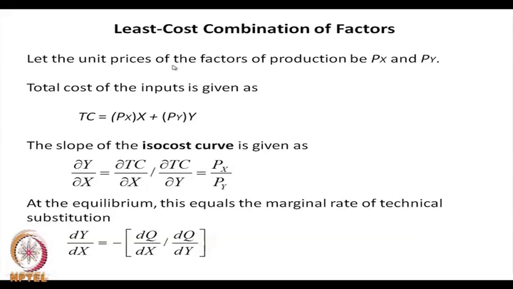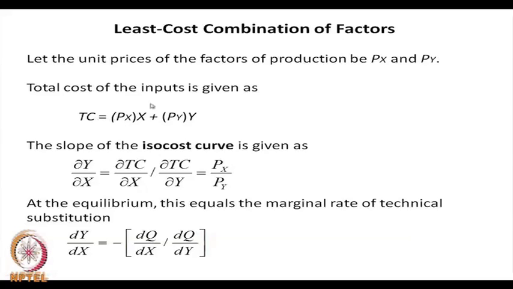Let the unit prices of the factors of production be Px and Py. Px is the unit price of input x, Py the unit price of input y. Therefore, the total cost of the inputs will be unit price Px multiplied by the amount of x used plus the unit price of input y into the amount of input y. That is the total cost of input.